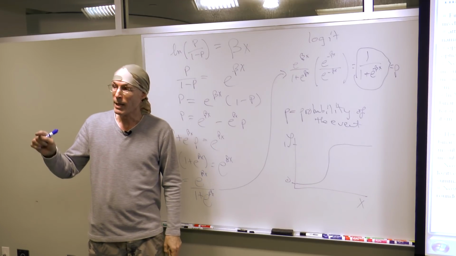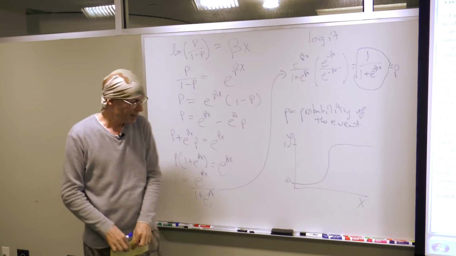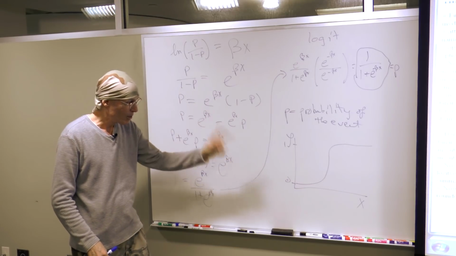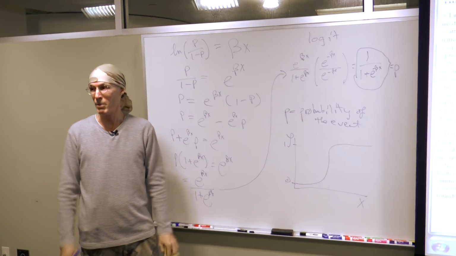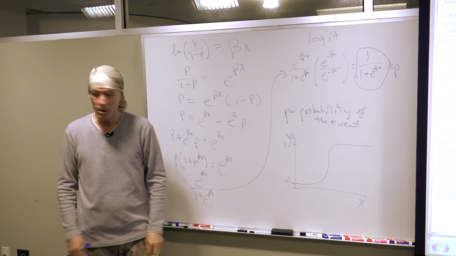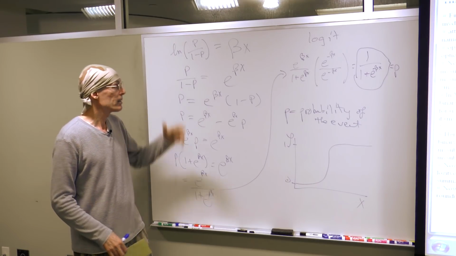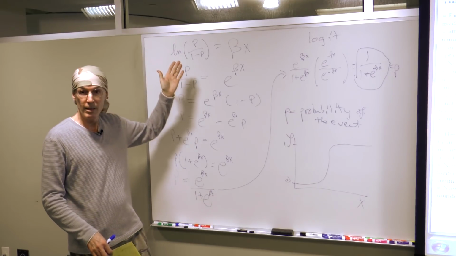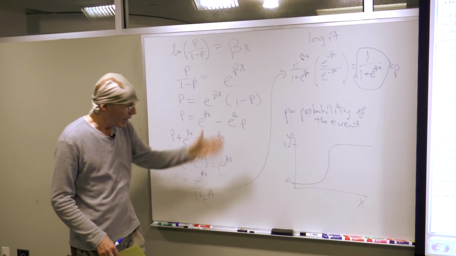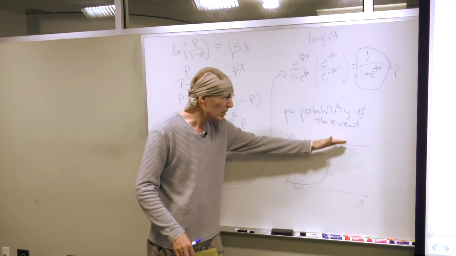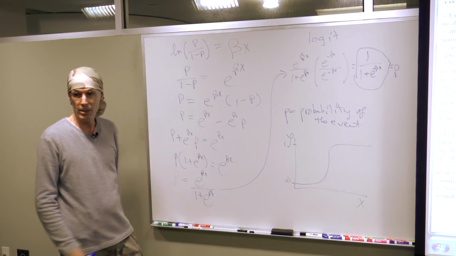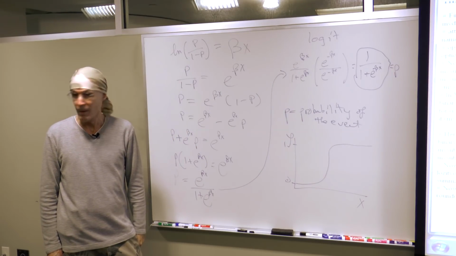And when we do that, our p will produce that S-shaped curve. And that's what we wanted. So logistic regression is all about getting a p. It's not about getting the log of the odds ratio, it's about getting a p, and we want that p to follow this S-shaped curve, and it does. That's the key.